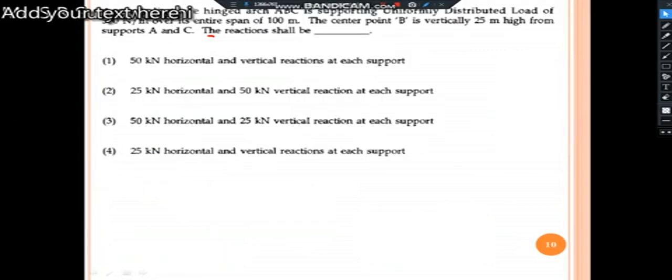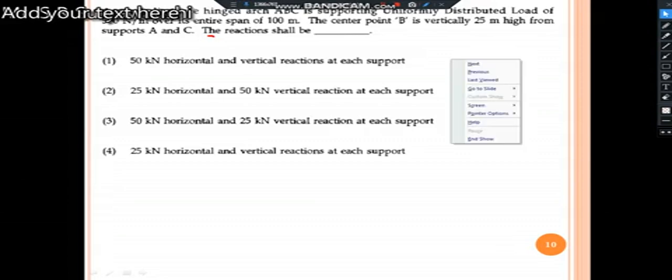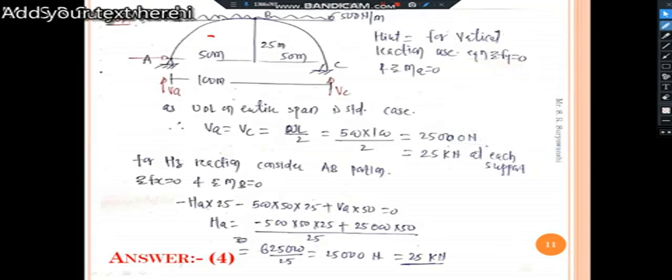A parabolic 3-hinge arch ABC is supporting a UDL of 500 Newton per meter on its entire span of 100 meter. At the center point, B is vertically 25 meter high from supports A and C. The reaction shall be, means, they have given the loading for the 3-hinge parabolic arch, and we have to find out the reactions. For this case, the vertical reactions of the 3-hinge parabolic arch are found using the beam reaction.